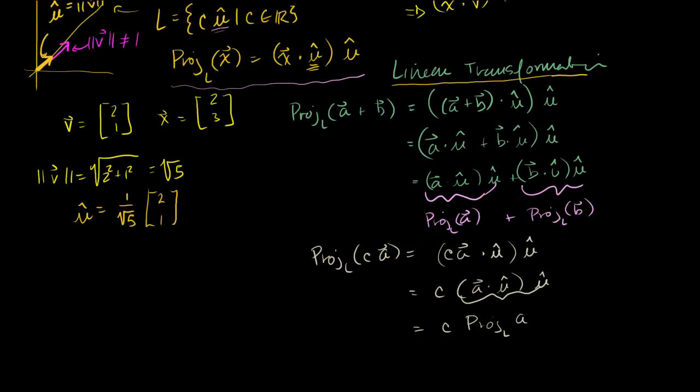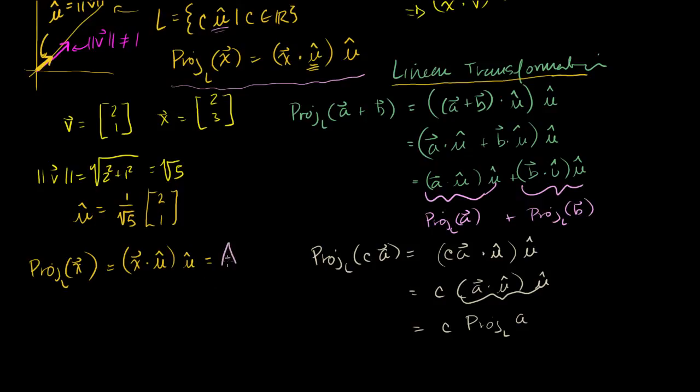So what I want to do, we know that the projection of x onto L, we already know this definition. It can be rewritten as x dot some unit vector that defines our line. Let me draw it with that little hat to show that it's a unit vector, times the unit vector itself, so that we actually get a vector. And now what I want to do is, how can I write this as some matrix vector product?